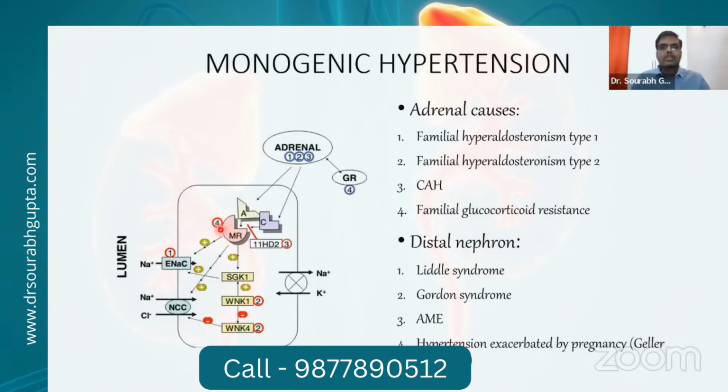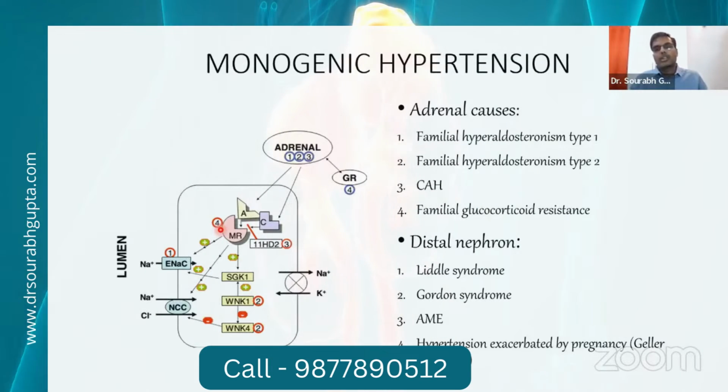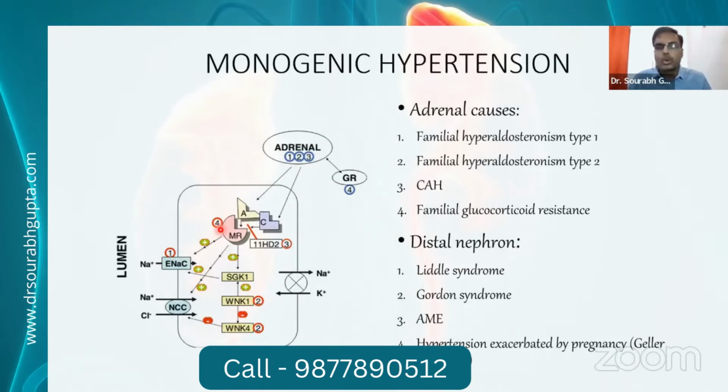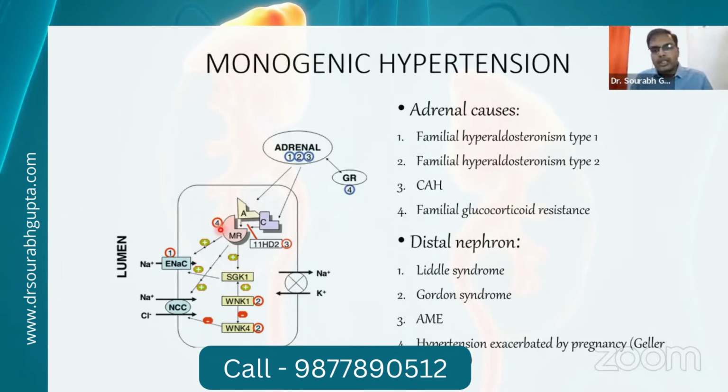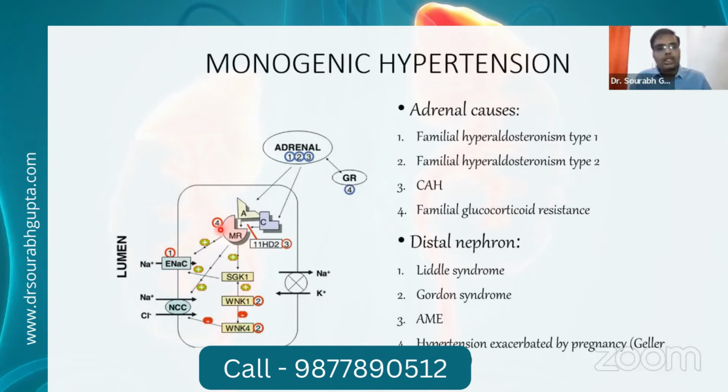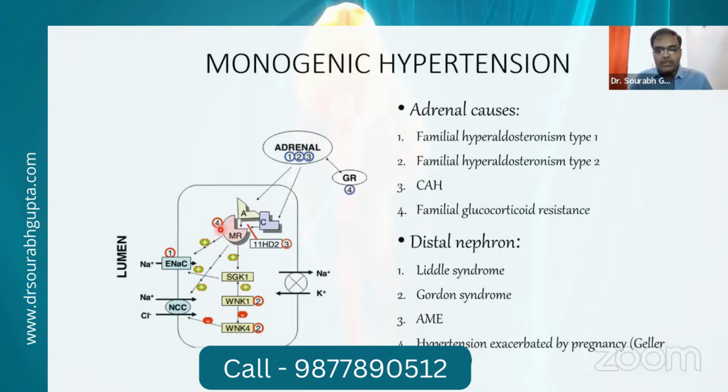Then monogenic causes, which can be adrenal causes and distal nephron causes, like familial hyperaldosteronism type 1 and type 2. Type 1 is also called glucocorticoid remediable hypertension. Then, as we discussed, CAH, and glucocorticoid resistance. Then in the distal nephron, there are defects like Liddle syndrome, where there is a defective, constitutively active ENaC channel, Gordon syndrome, AME, and hypertension exacerbated by pregnancy.